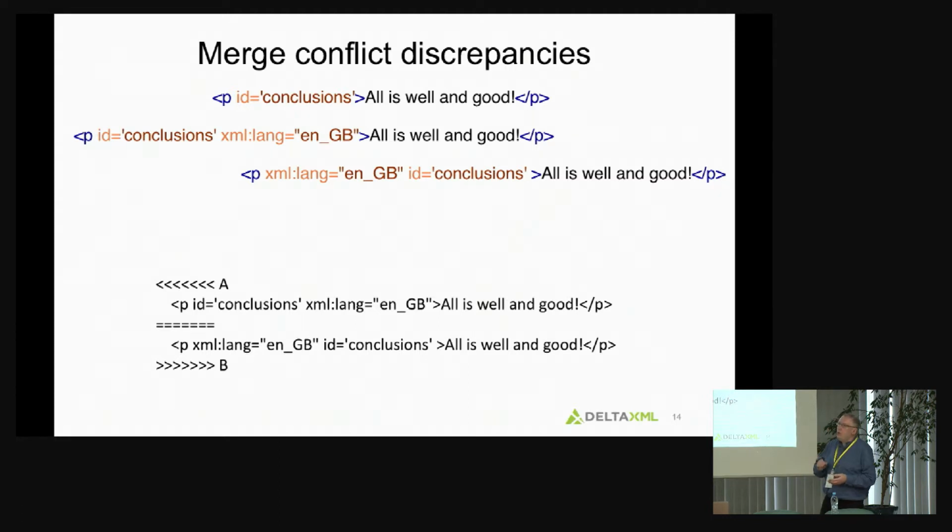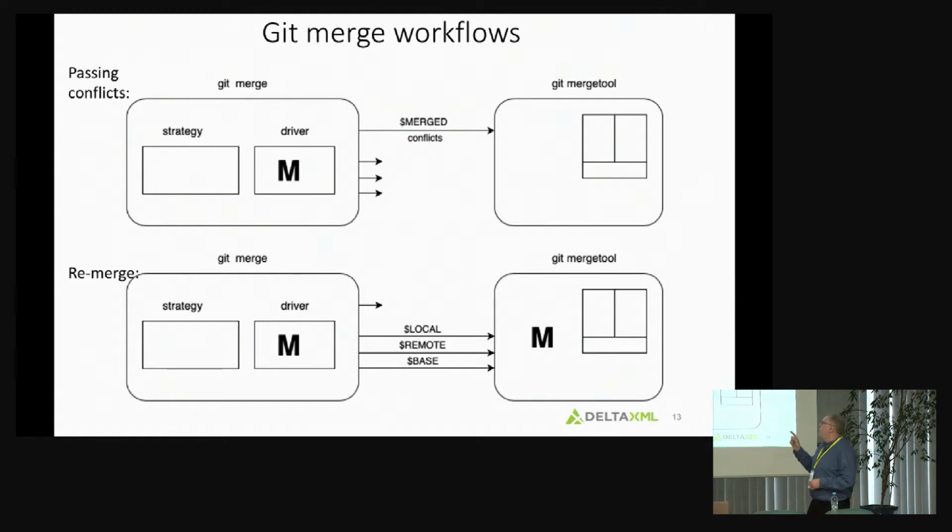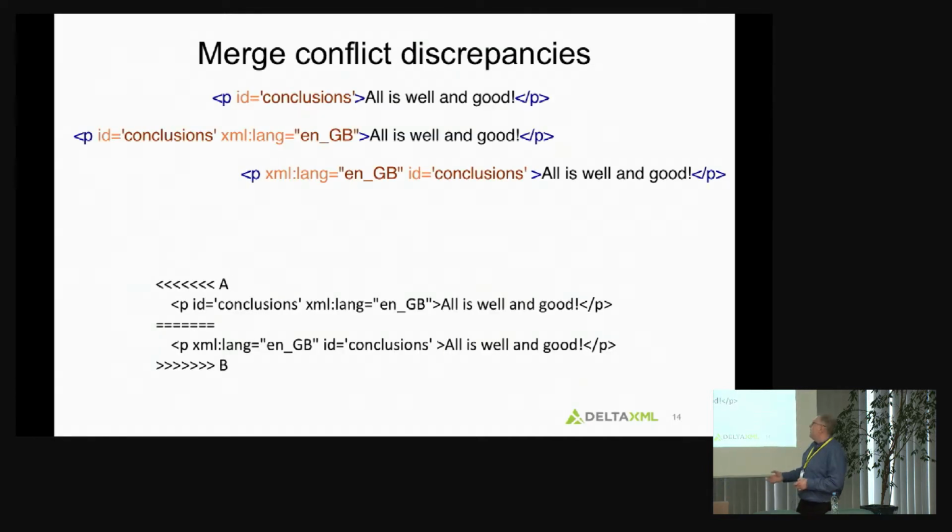However, if you are using the textual-based merge driver on the bottom, and you then pass that to a merge tool that understands that as XML, you can get a confusing situation for the user, in that when this arrives at the merge driver it will signal a conflict, and that will then cause the merge tool to be invoked.